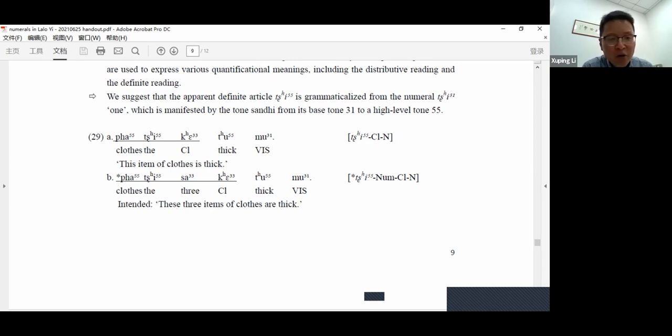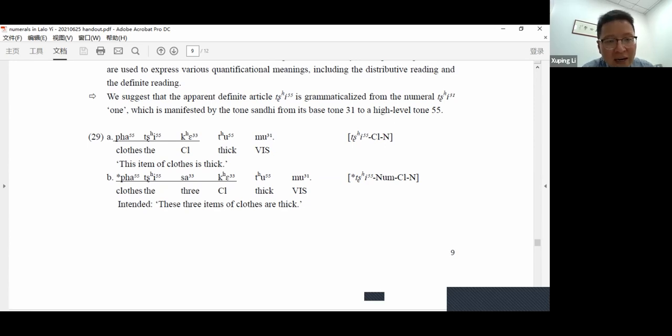In optional classifier languages, you can either say 3 students or 3 classifier students, which means we wouldn't assume the numeral has different semantics in the two cases. So for those optional classifier languages, I would assume the presence of a classifier wouldn't affect the semantics of numerals. So I can only treat those classifiers to be predicates. That's the first type, optional classifier languages.